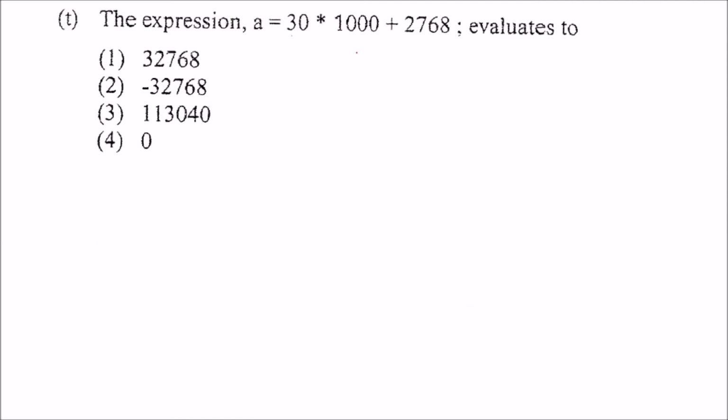The expression evaluates to what? If you assume that a is an integer of 2 bytes, then this 300 times 100 will be 30000, and this will be 2768, so 32768.